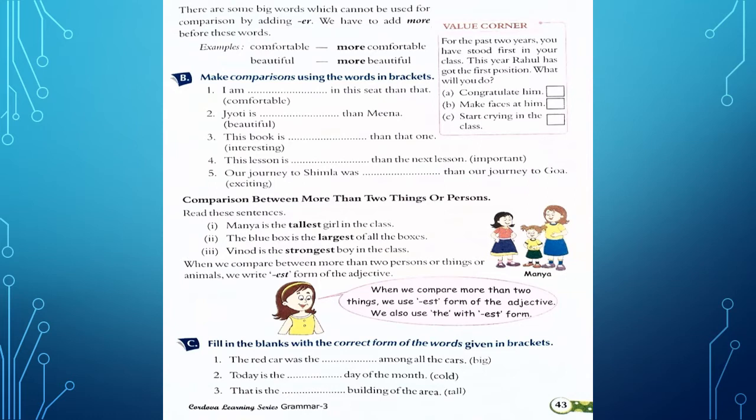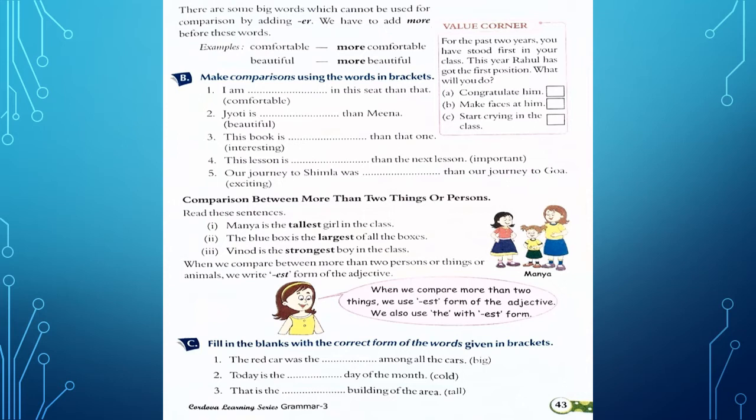Read these sentences. Manya is the tallest girl in the class. Here, the comparison of Manya is with all the girls in her class. Second is, the blue box is the largest of all the boxes. And third is, Vinod is the strongest boy in the class.